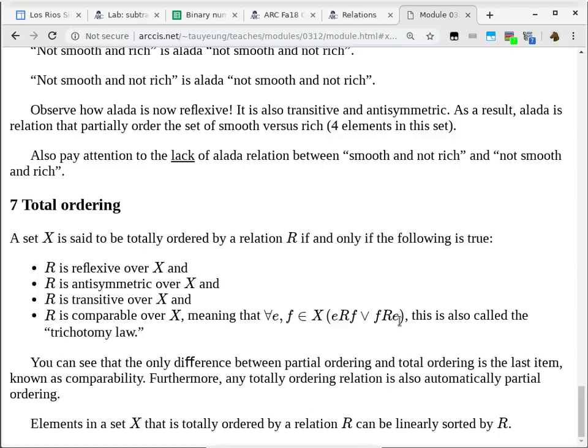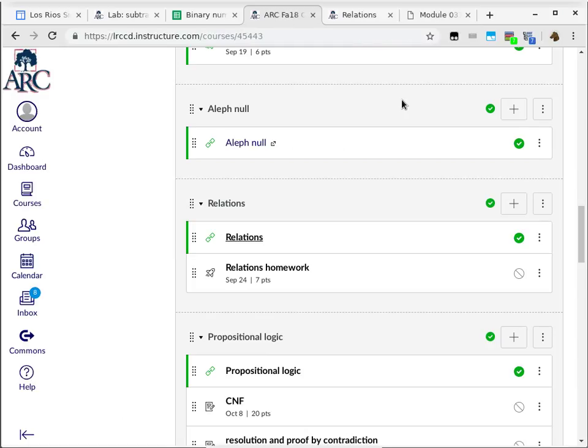But because ordering is a big thing, that's why this topic is also very important. So are we good so far? All right. So this is relations, and unless there are questions, I'm going to move on.